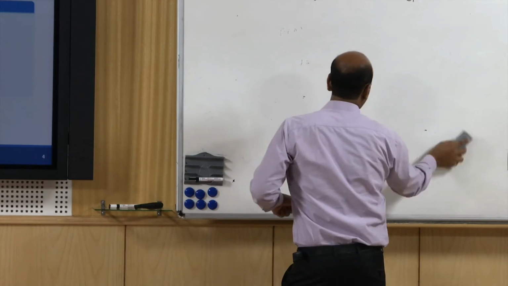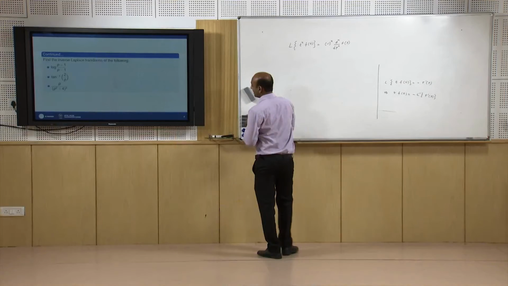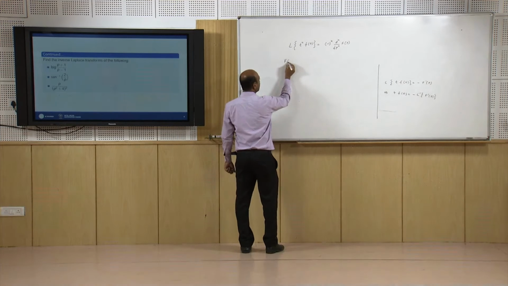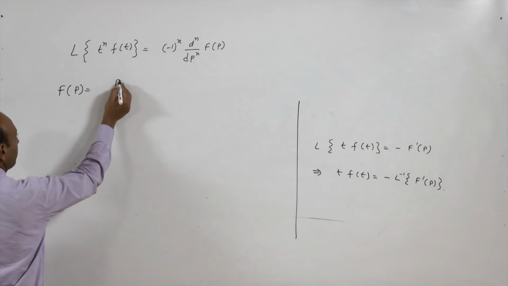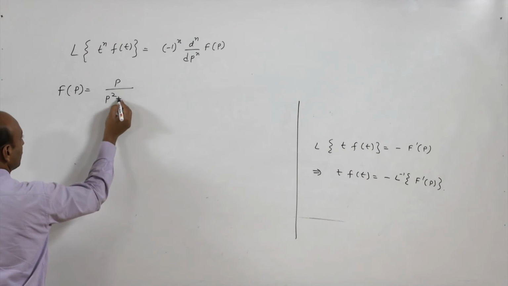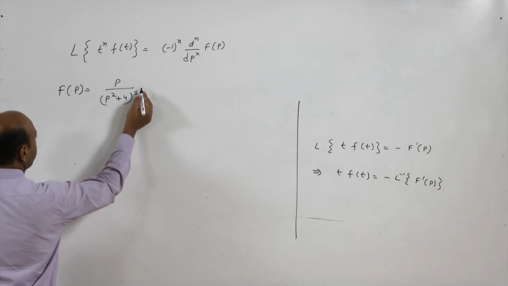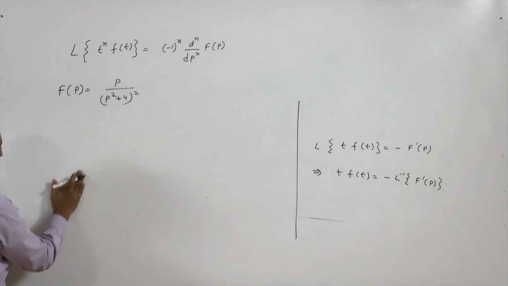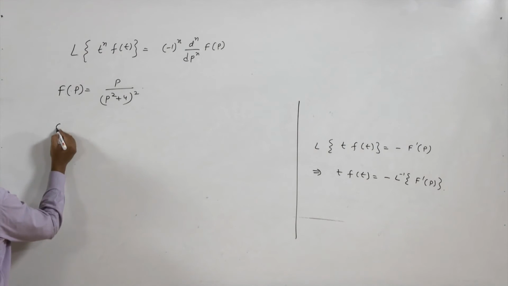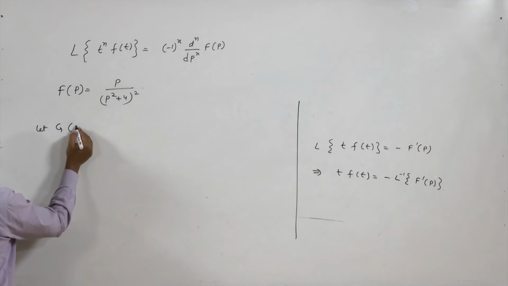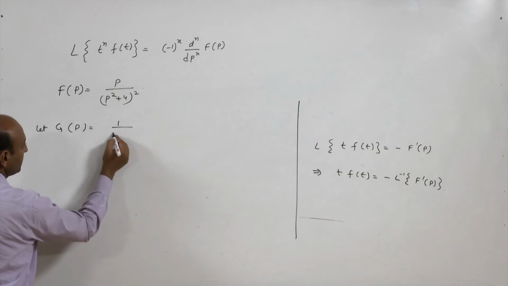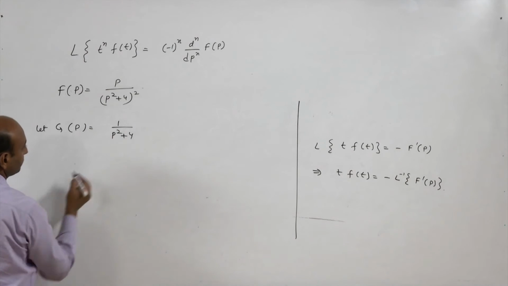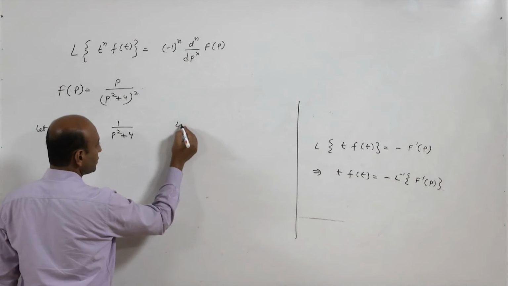Now, the third problem, it is f(p) here is p upon (p square plus 4) whole square. So, let us take let G(p) is equal to 1 upon p square plus 4. Of course, Laplace inverse of G(p) is what?